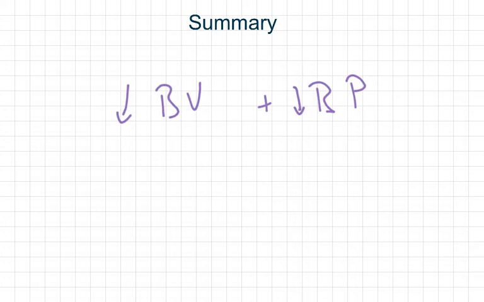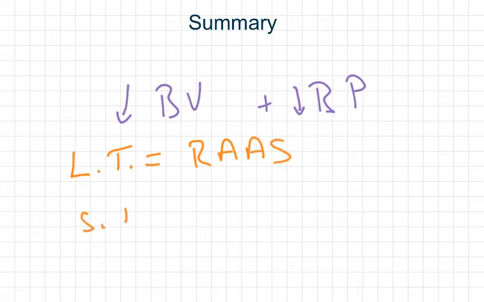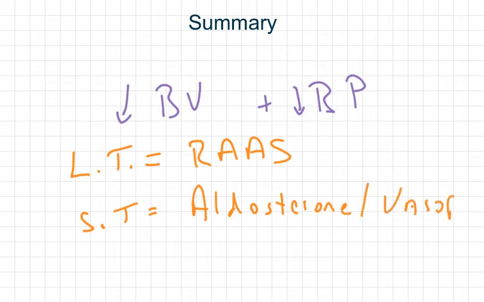We have a long-term response through the renin, angiotensin, aldosterone system, and also a short-term response through the effects of ADH, which also has the name of vasopressin. Both of these systems work in conjunction with each other to regulate changes in blood volume and blood pressure.